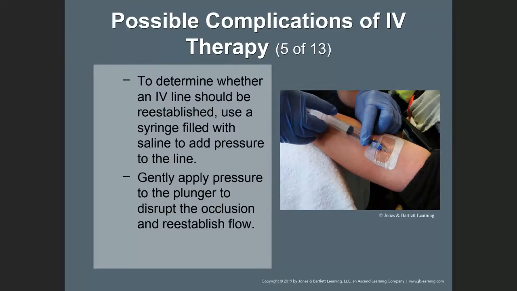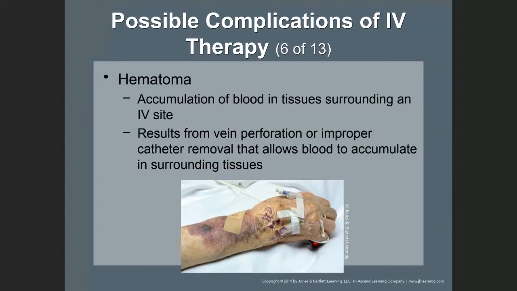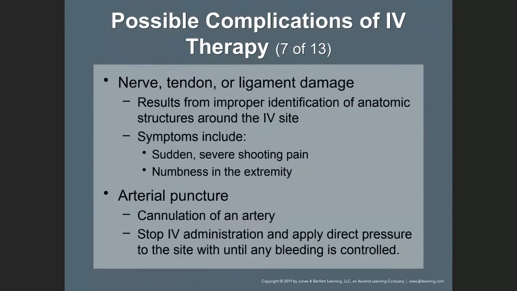If you can't re-establish flow, then you're going to have to start a new IV access. Hematoma. This is the accumulation of blood in the tissues surrounding an IV site. Results from vein perforation or improper catheter removal that allows blood to accumulate in the surrounding tissues.